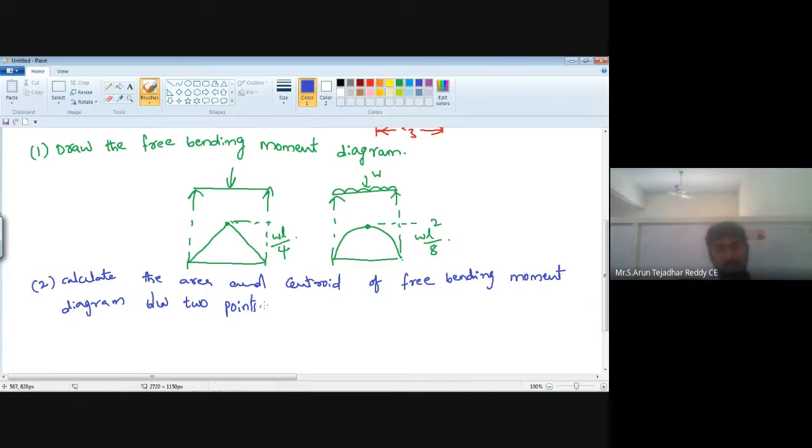See the second step here. Calculate the area and centroid of the free bending moment diagram between 2 points.